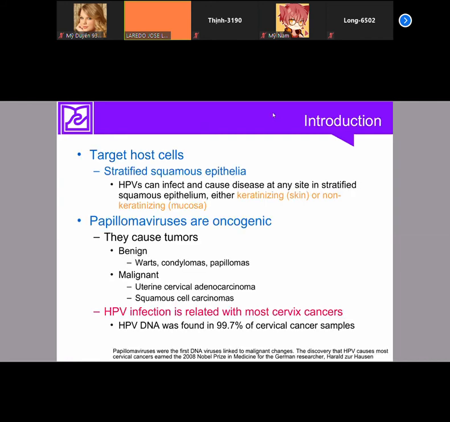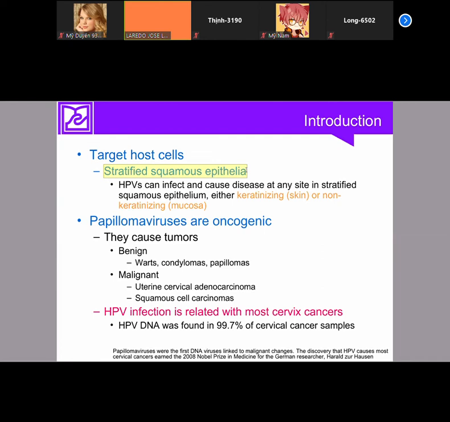And now we start with papilloma viruses. The target host cells infected by papilloma viruses are epithelial cells, stratified squamous epithelia. You will study the different epithelial cells in histology. I don't know when.